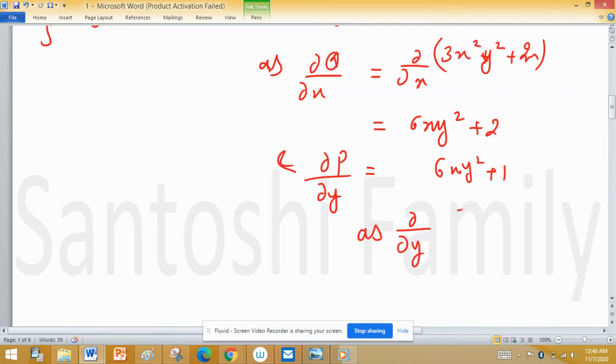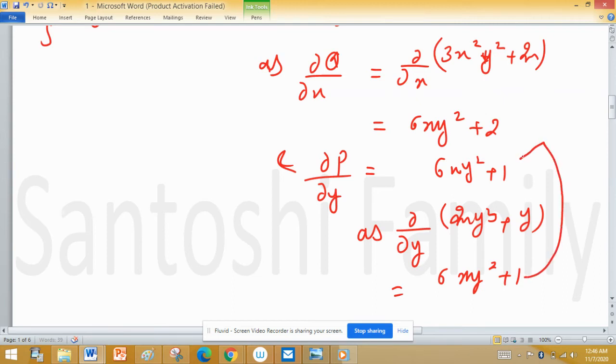P is 2xy cube plus y, so the derivative will be 6xy square plus 1, as I used this 6xy square plus 1.